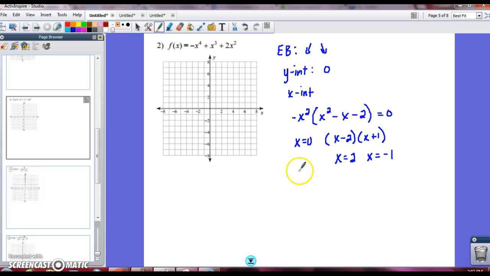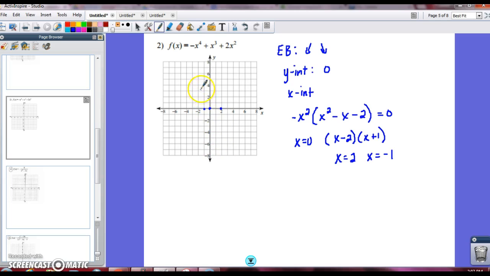Okay, so those are our roots. We know the y-intercept is just at 0. And I know I have roots at negative 1 and at 2.